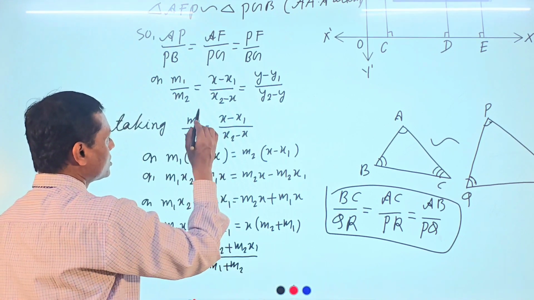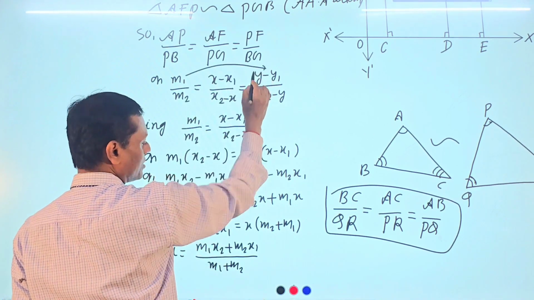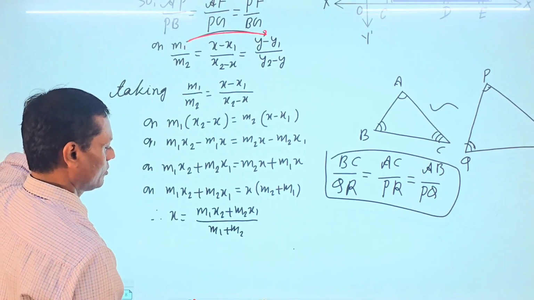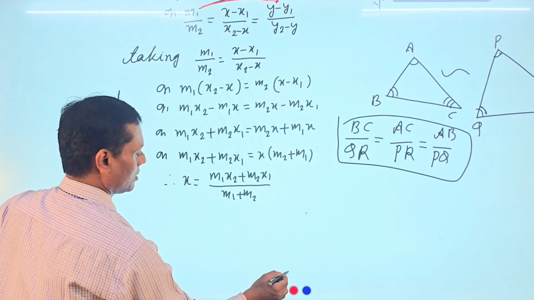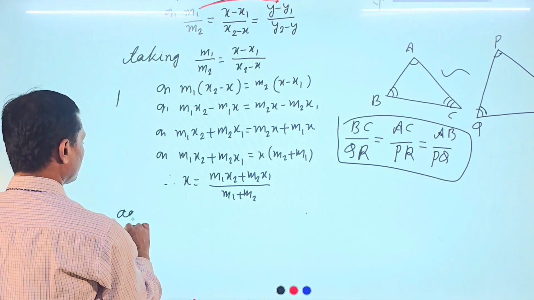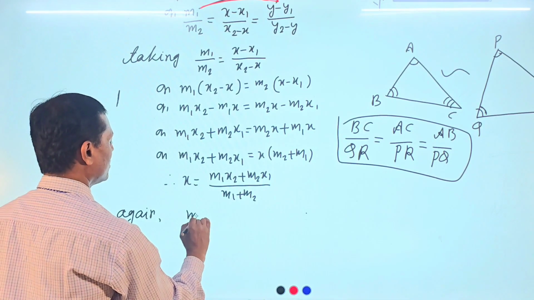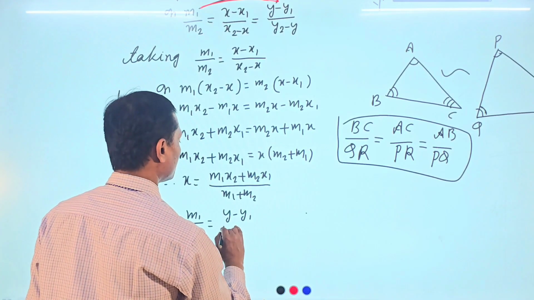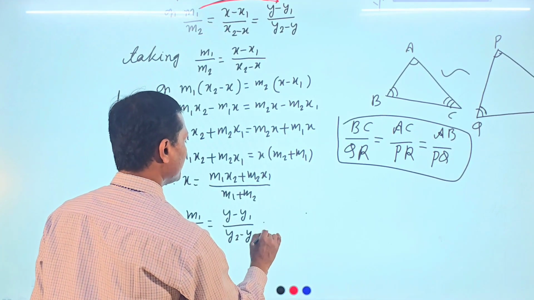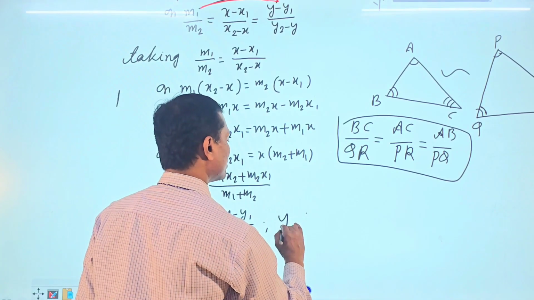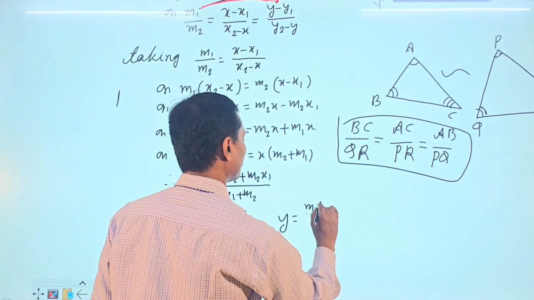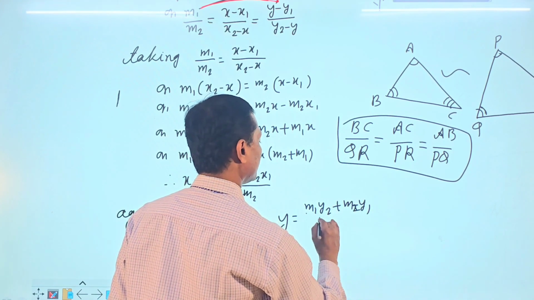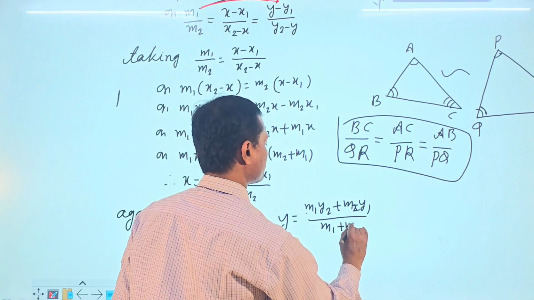Similarly, if we select first and last, these two, what happens here? See carefully. If we select these two, then we again have M1 over M2 equals (Y minus Y1) over (Y2 minus Y). Then you can easily get the value of Y equals (M1Y2 plus M2Y1) over (M1 plus M2), isn't it?